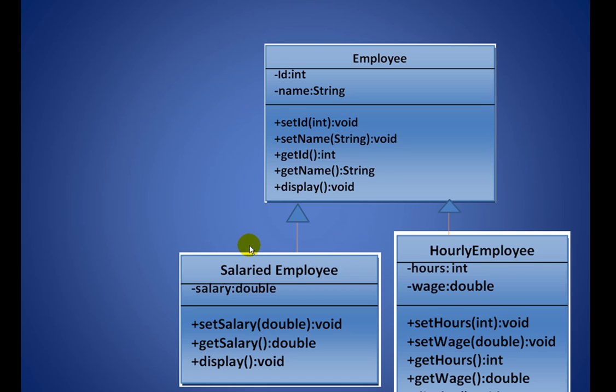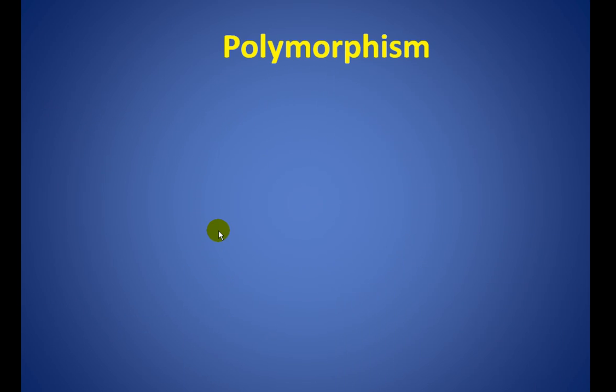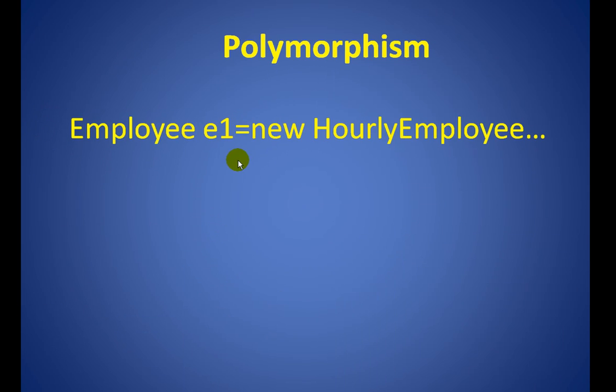To explain the polymorphism concepts, assume that we declare an object of type hourly employee, but through a variable of the superclass employee. So we say employee e1 equals new hourly employee. This is acceptable in object-oriented design.